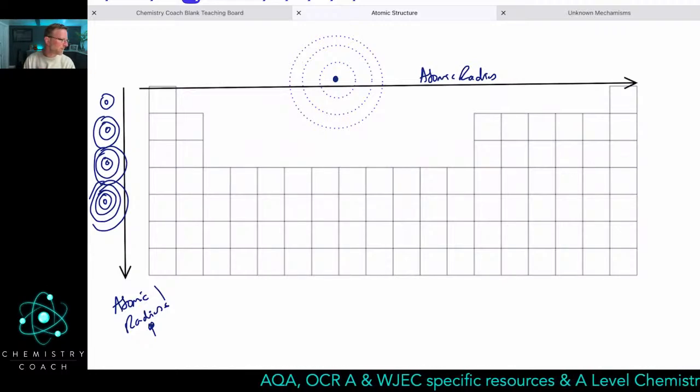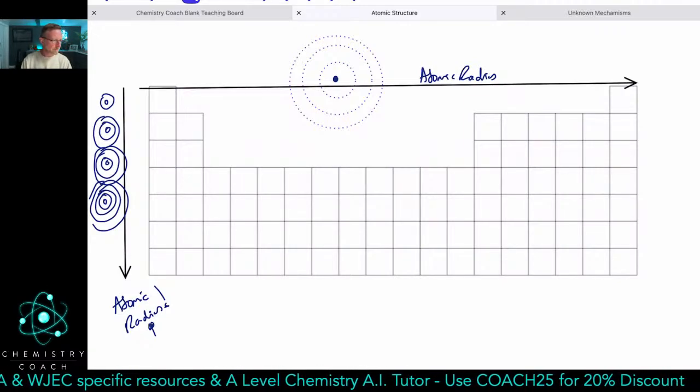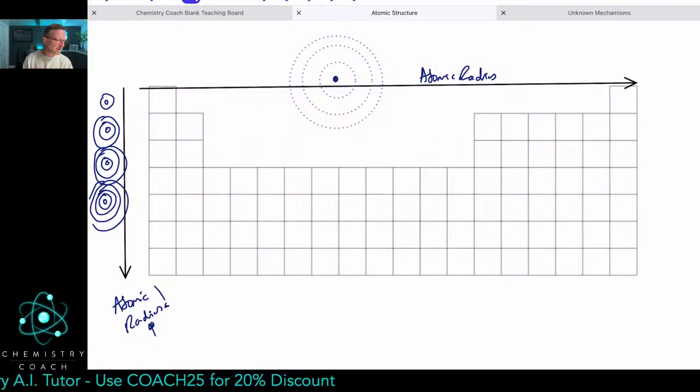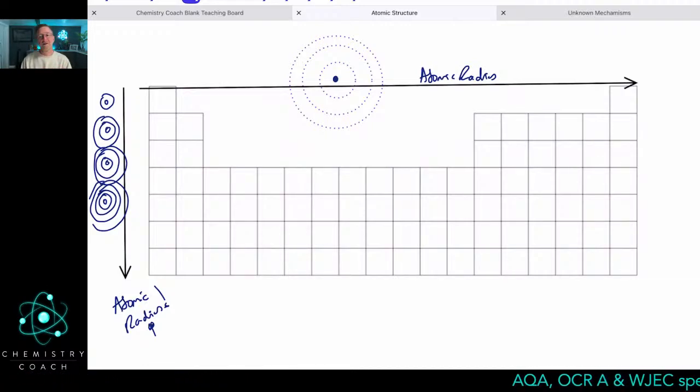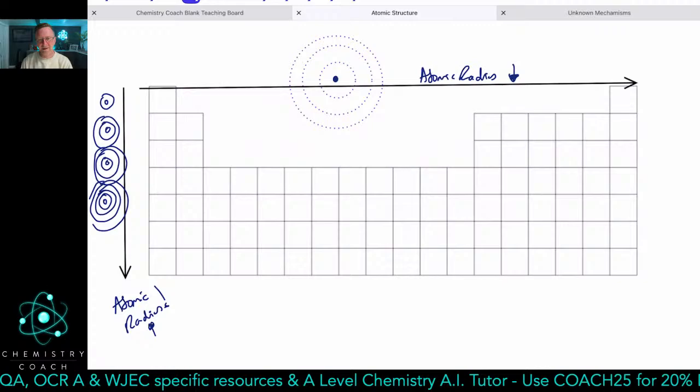Answers in the chat would be great. I want you guys talking to me a little bit here. Increases, decreases, and so on. Hafiza: increase in atomic radius. Atomic radius decreases because nuclear charge increases. Yes. Sorry Hafiza, the answer is decrease. The atomic radius decreases going from left to right.